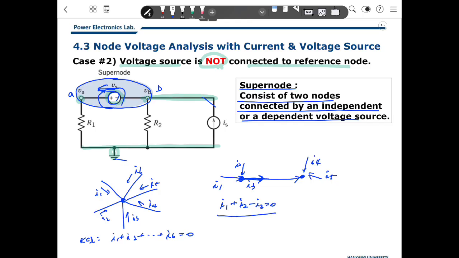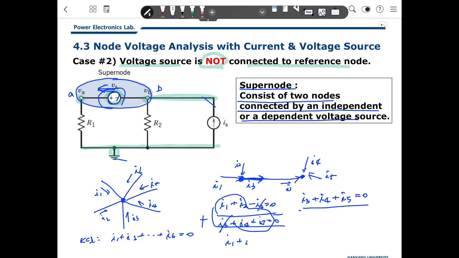Based on that, for the other node the KCL is I3 plus I4 plus I5 equal to 0. Then we can add the two equations: I3, I4, I5 equal to 0, and adding here, I1 plus I2 plus I4 plus I5 is 0.